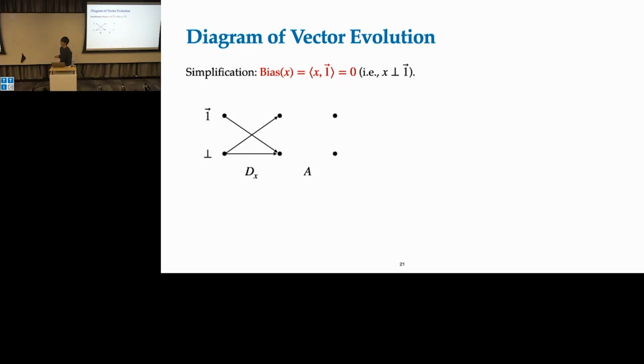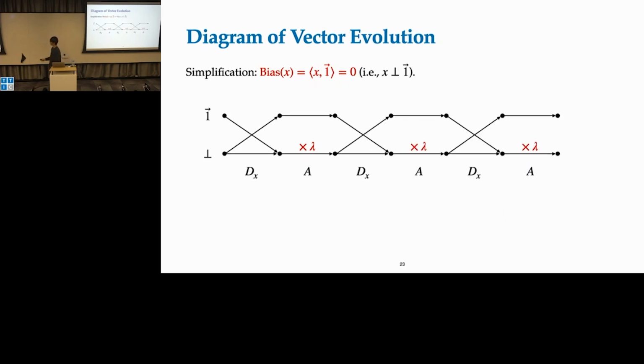The next step is A. All ones gets mapped to all ones because that's the top eigenvector. For any vector v orthogonal to all ones, we have that Av is still orthogonal to all ones, and the norm gets multiplied by lambda. So orthogonal stays in the orthogonal subspace and gets a factor lambda. That's the diagram that we're going to use. And DA, this is the diagram here.